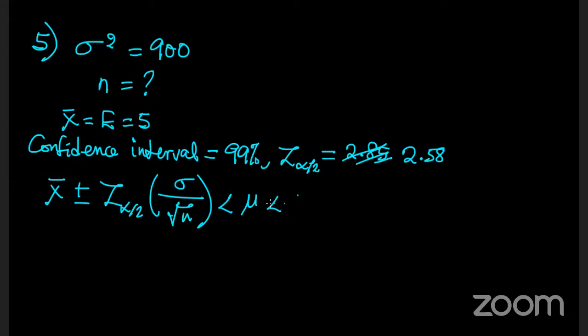If we had written the negative here, it would have been this. So how do you make n the subject?